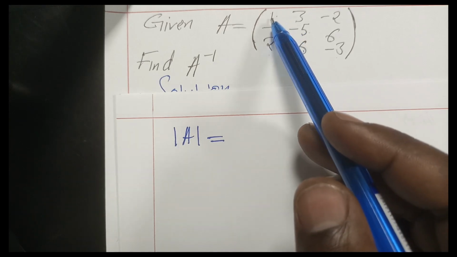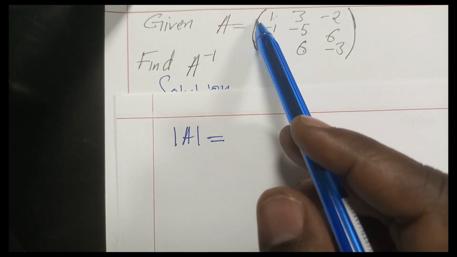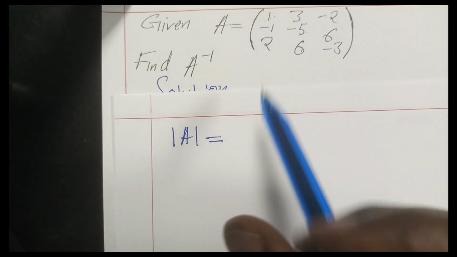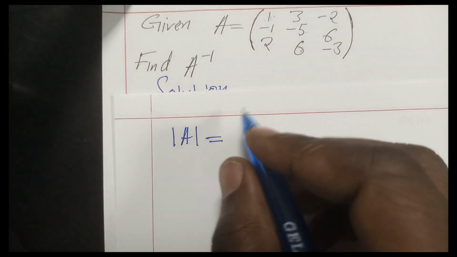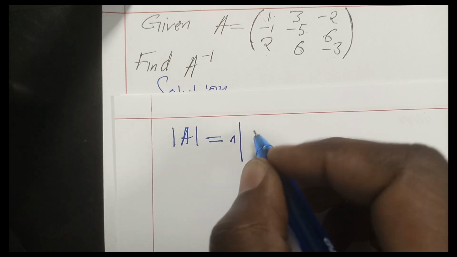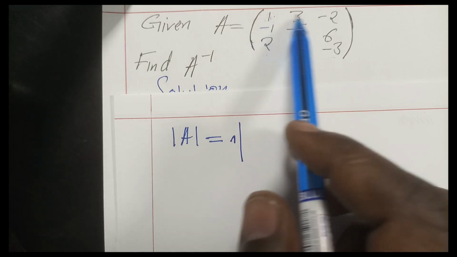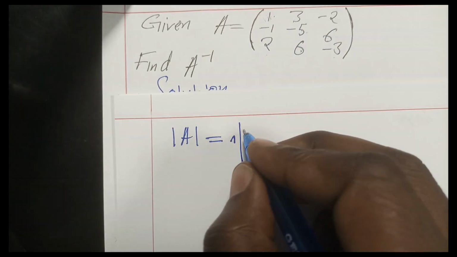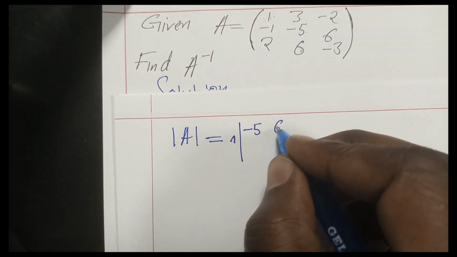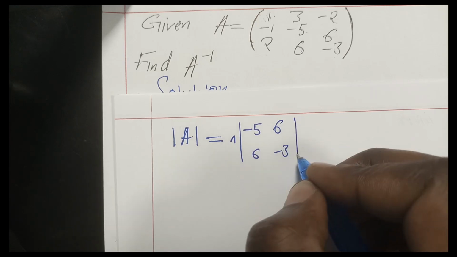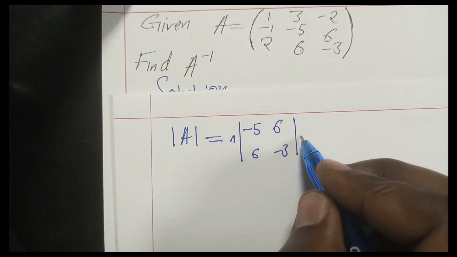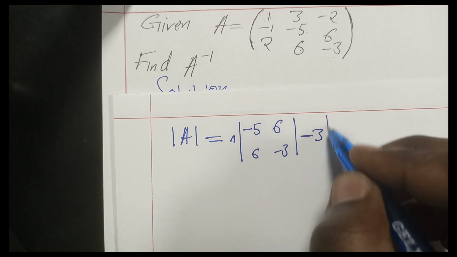you take the first element and get the minor after getting the first element. The first element is 1 outside. The minor for this is this, because we are going to delete this row and this column, so the minor will be 5, 6, 6 minus 3. Then get the second element, so minus the second element is 3.